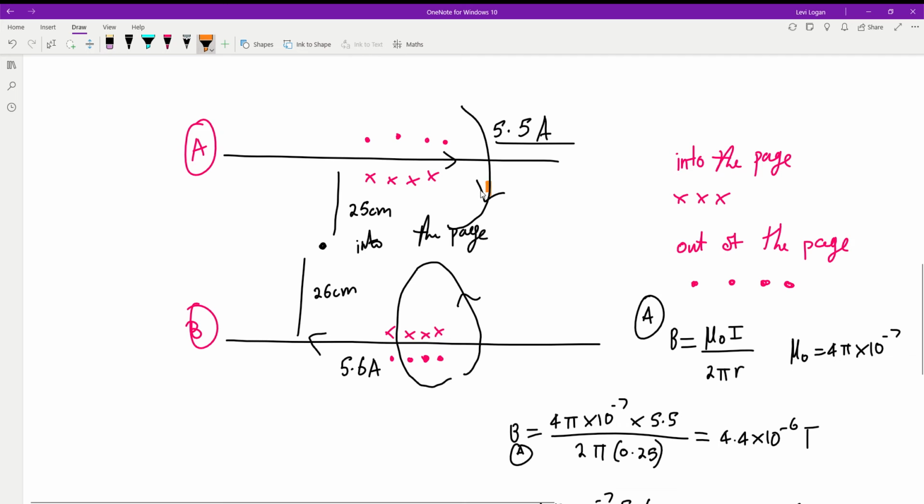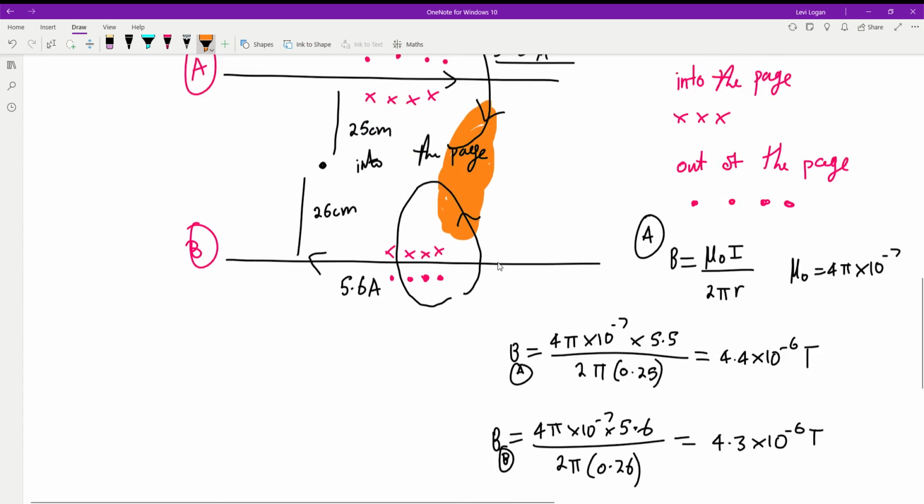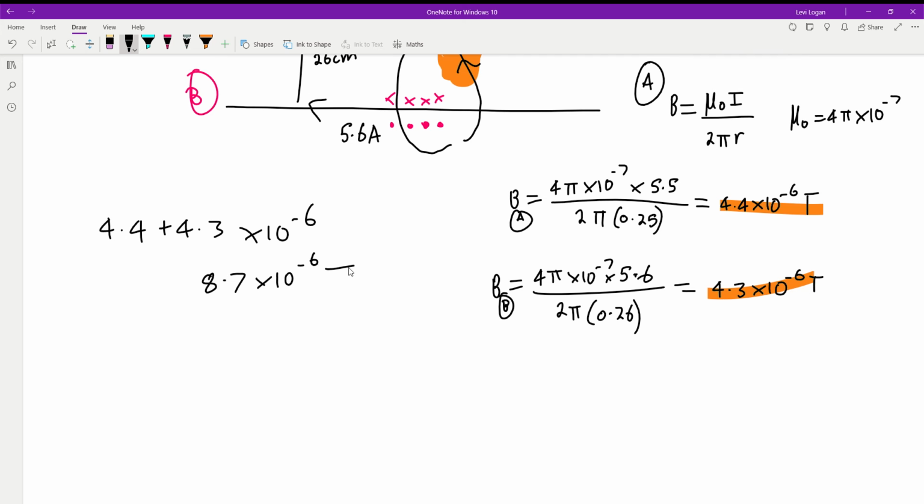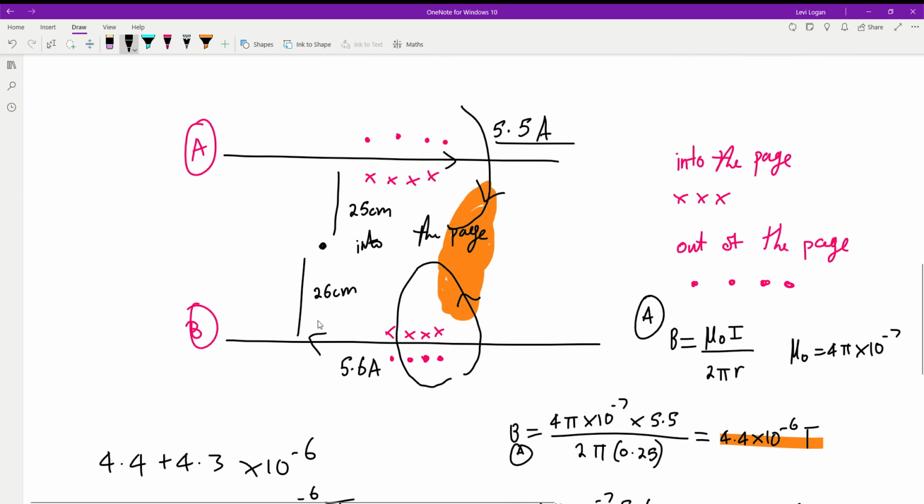So you see how both these things are going into the page here, meaning they're going to add together. They're not going to cancel each other out. So all you got to do is just add these two numbers together. So 4.4 plus 4.3 times 10 to the negative 6. That's it. 4.4 plus 4.3. 8.7 times 10 to the negative 6 Tesla. That will be the net magnetic field strength at this particular point here.